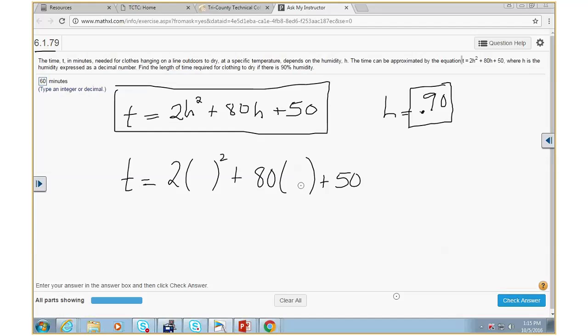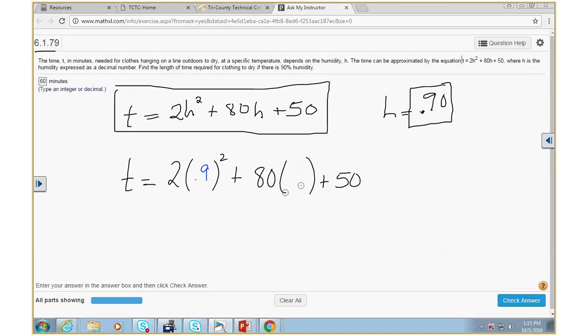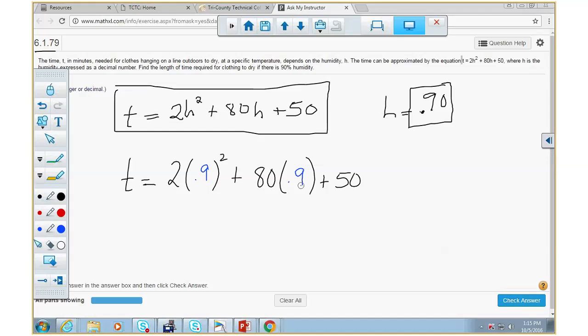Now I'm going to plug in a 0.9 here and a 0.9 here. Now you may need your calculator, but what's 0.9 squared? 0.081? Y'all check me on the calculator.